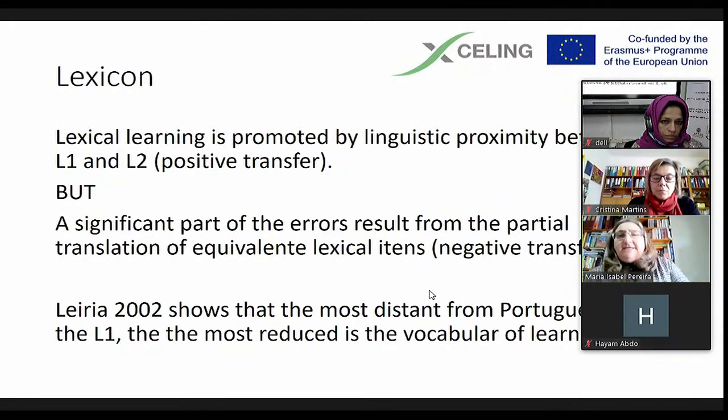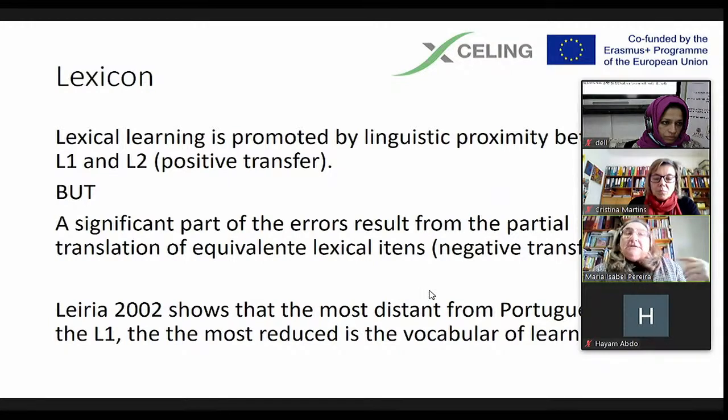Lexicon is another level of linguistic structure where transfer can be obvious. Lexical learning is promoted by linguistic proximity between L1 and L2. There is positive transfer in that case.